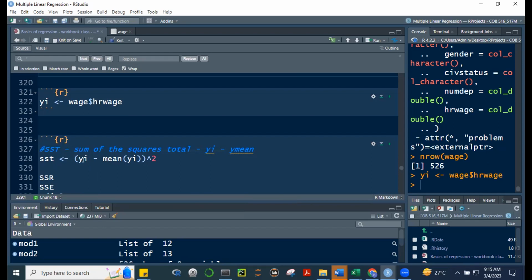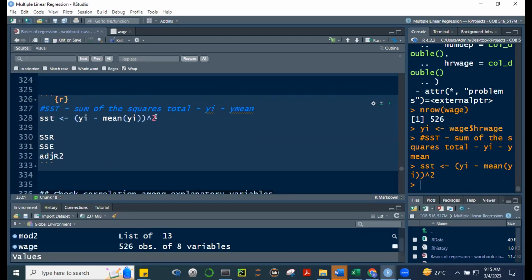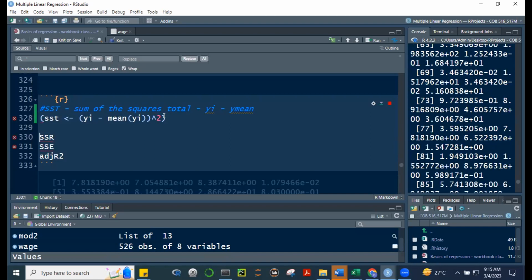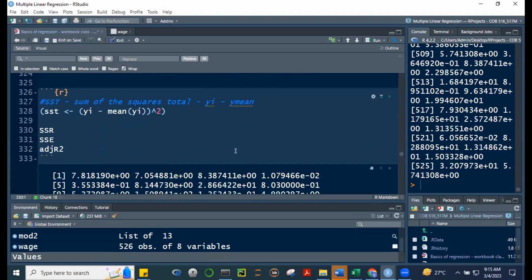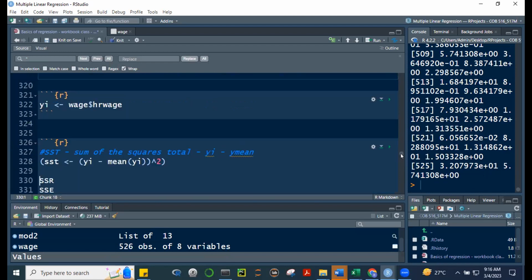Each value of hourly wage is subtracted from the mean, we get the difference, then square it. After squaring, we sum it, so it should be only one number.